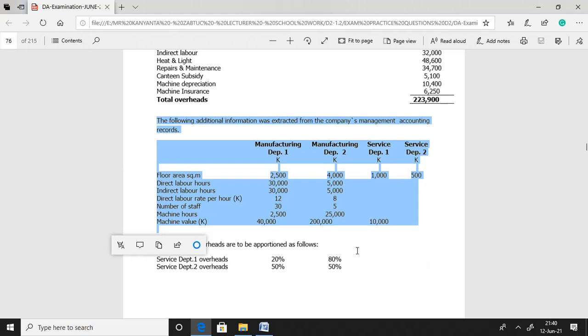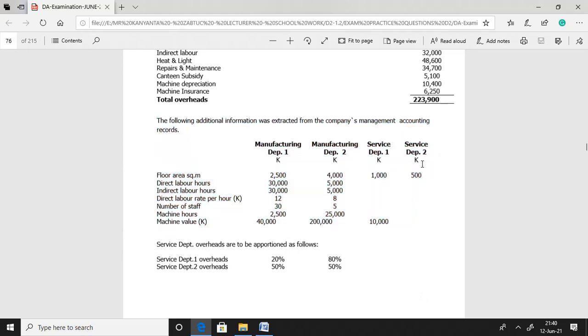Then down here, when it comes to service cost centers, there is no production that actually takes place in the service cost center. After apportioning all the costs, we need to reapportion the service cost centers back to the production cost centers. This is the reason why we've been given extended information here about the percentages we're going to use to apportion the service departments.